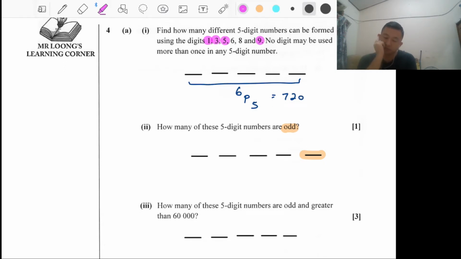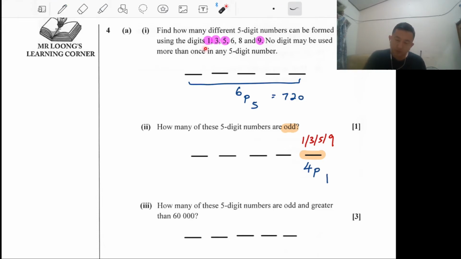So 1, 3, 5, and 9. It should be 4, right? Correct. So 1 or 3 or 5 or 9. Meaning out of 4 digits, you only pick one, 4P1. So in total we have 6 digits, and one digit has been filled.